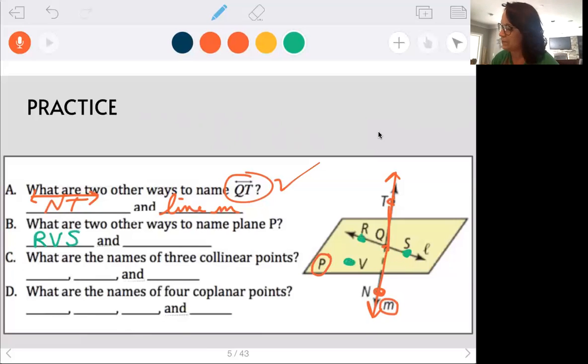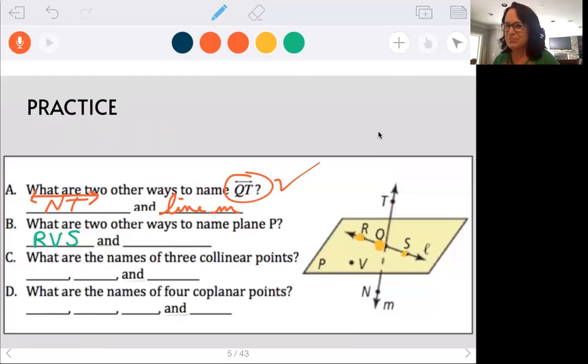All right, what else could I have done? Remember, I can't choose L. L's the name of that line down there. It's not attached to a point. I need any 3 non-collinear points that lie on that yellow sheet of paper. So I'm not going to choose T, I'm not going to choose N, I'm going to choose Q. I can't do R and S. I should pause the video and ask an Edpuzzle right now and say, why can't I?